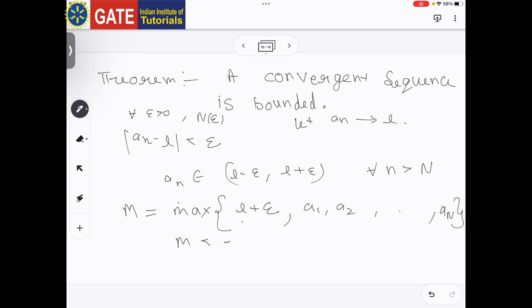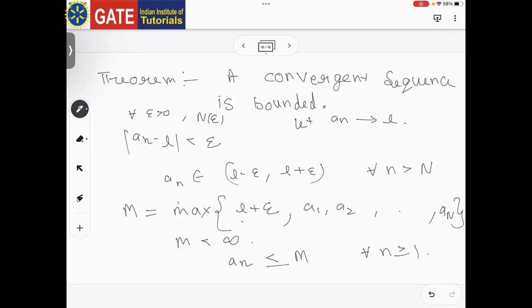And M is less than infinity. So your a_n is less than or equal to capital M for all n greater than or equal to 1, right? Yes, sir. So this sequence is bounded above.